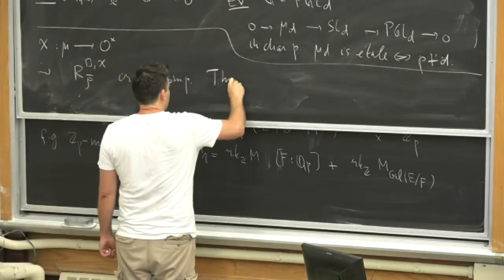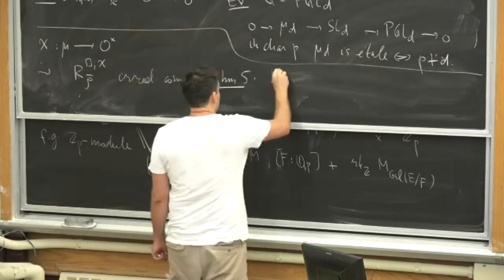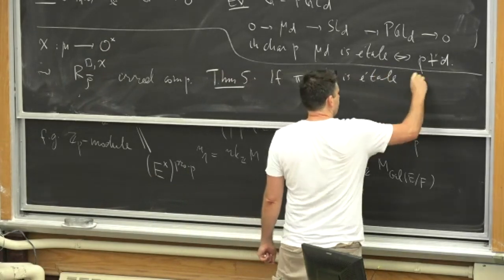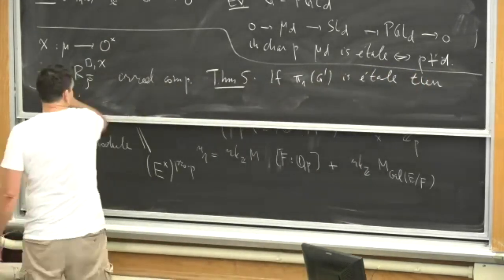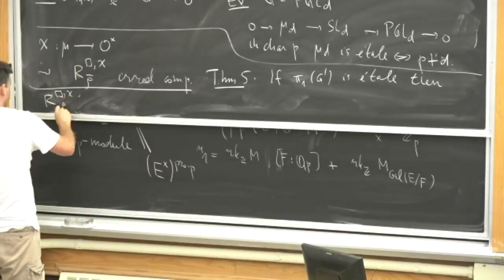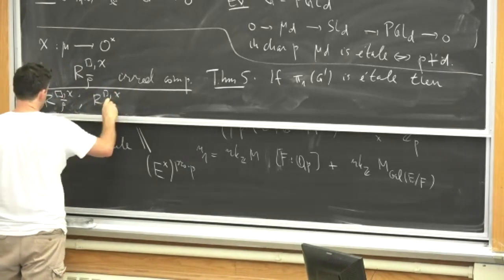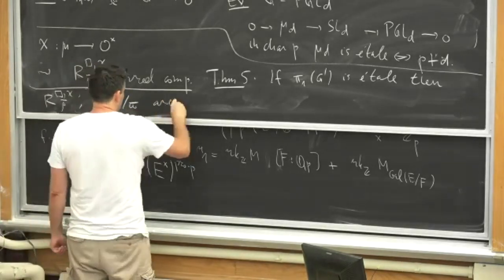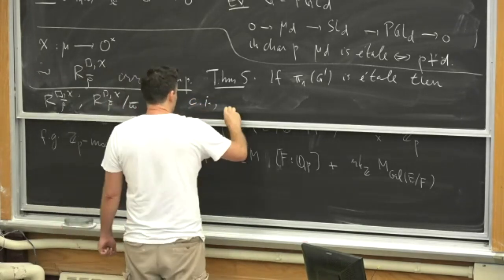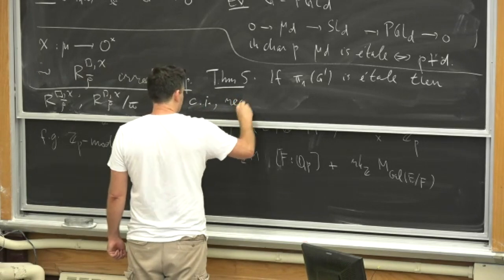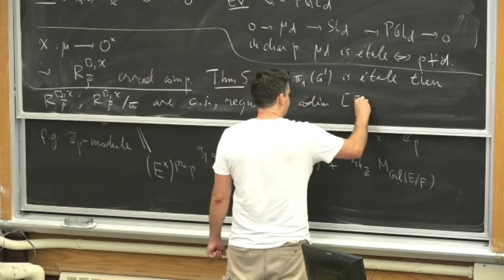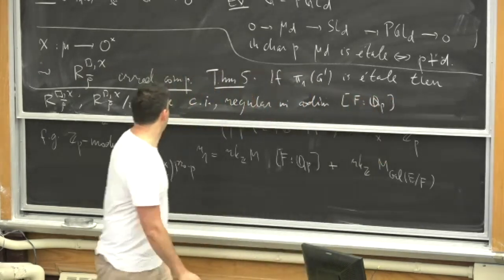And our theorem 5 says that if phi 1 G prime is étale, then this ring and its special fiber are complete intersection, regular in codimension 1, of dimension over F or Q_P, and normal.